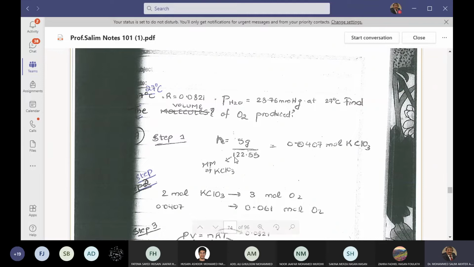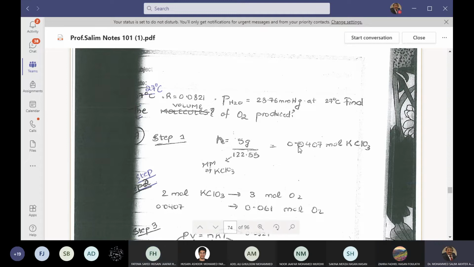This is the molar mass of KClO3. Can I get the number of moles of KClO3? Is this the correct number? Correct, okay, my friend.